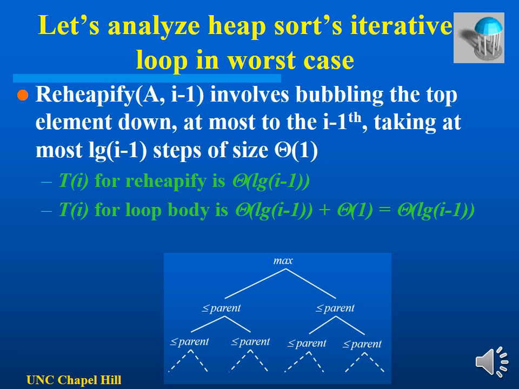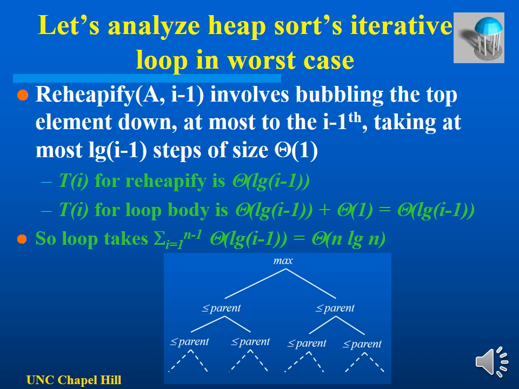That's I, and that element is swapped with the max, and then we have to reheapify. So the swap takes theta of 1. The reheapify takes theta of log I minus 1. Theta of log I minus 1 dominates theta of 1. So the time for the loop body is theta of log I minus 1.